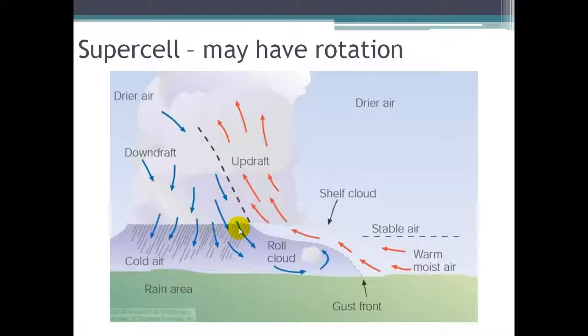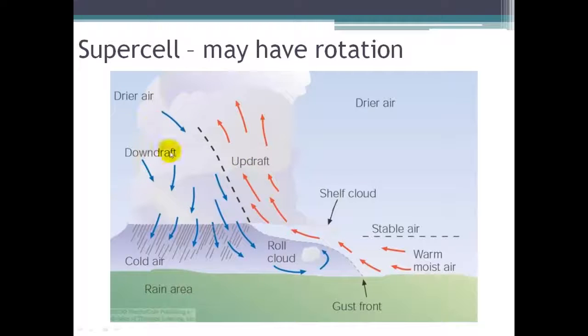So here's a schematic of a supercell. We have our cumulonimbus cloud, so we've got the updraft and then the downdraft and a demarcation between drier air and moister air. So there's a real difference in density within this cloud.